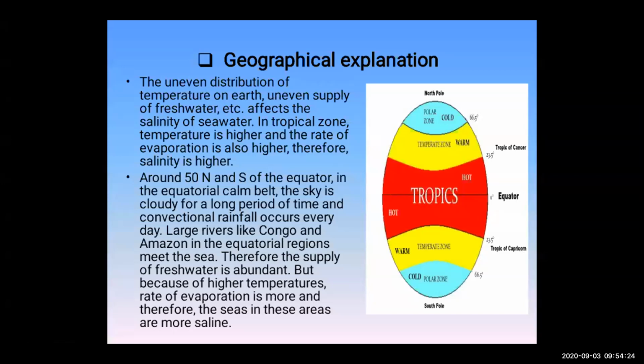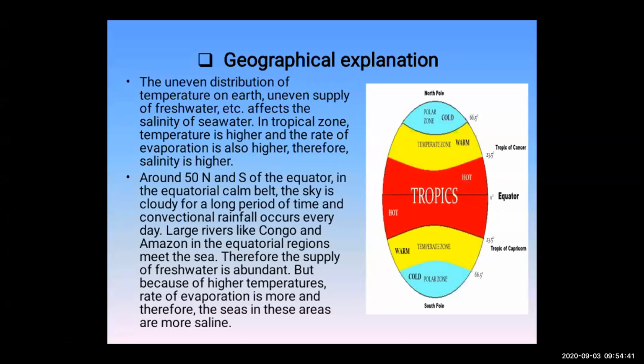Next, the second point they have explained: around 5 degrees north and south of the equator is the equatorial calm belt. The sky is cloudy for a long period of time and convectional rainfall occurs every day.